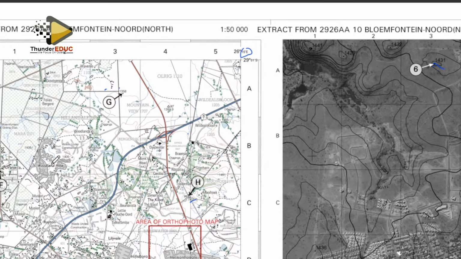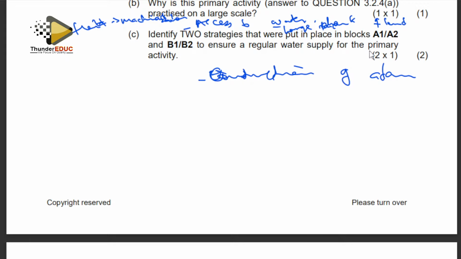I'm looking for evidence. Basically the evidence I can see on this map for now, I can see there's even a zero there. The zeros are basically used to store agricultural products. So this is a furrow. So we can say here the existence of a dam. We also have the furrows. So we are going to say the construction of the dams and also the construction of the furrows.